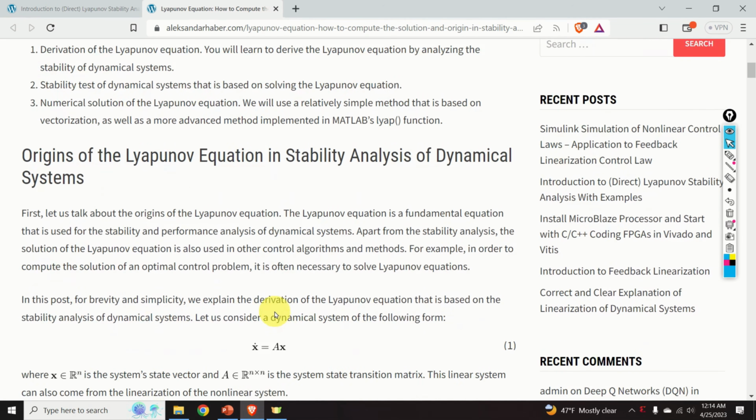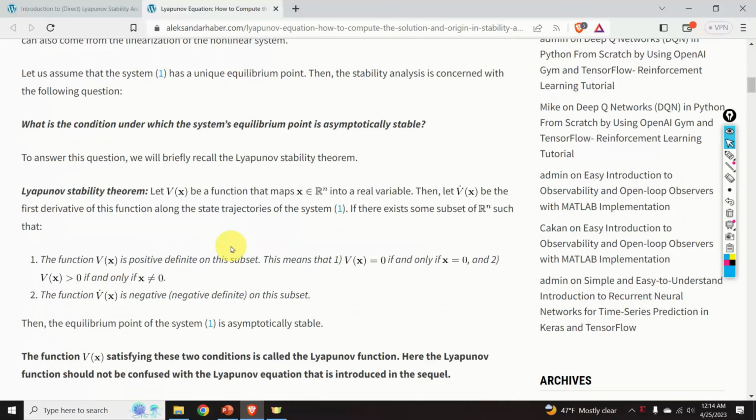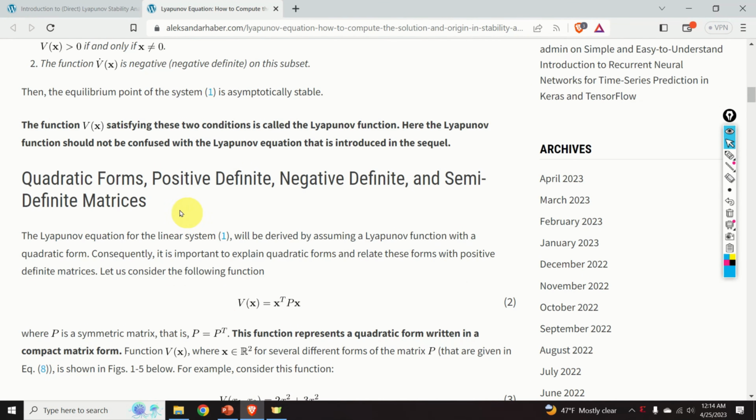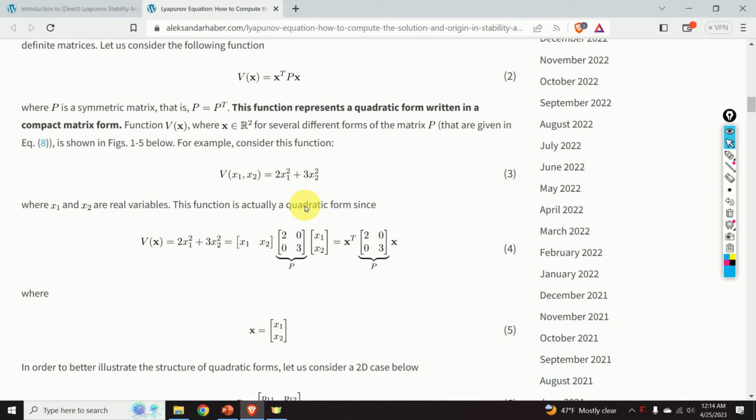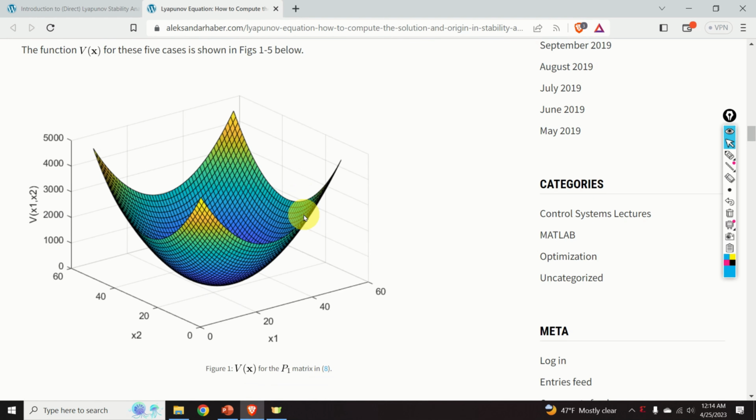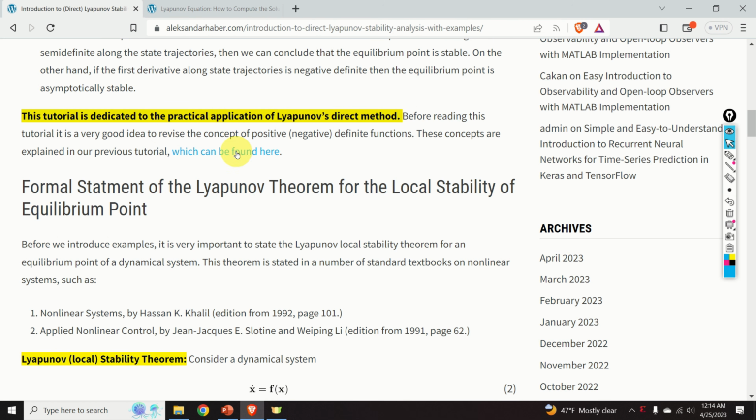In that tutorial, you can learn what positive and negative definite functions are, and you can also relate positive and negative definite functions to quadratic forms and to matrices. It is a very good idea to go over that tutorial before watching this video or reading this tutorial.